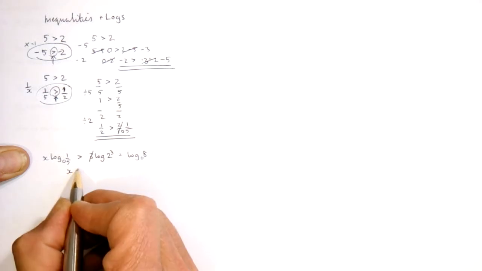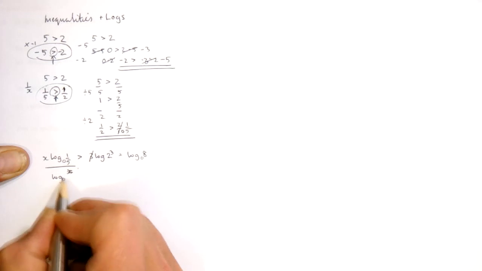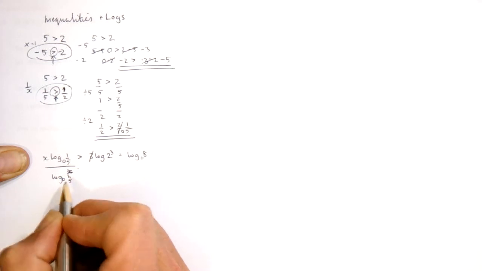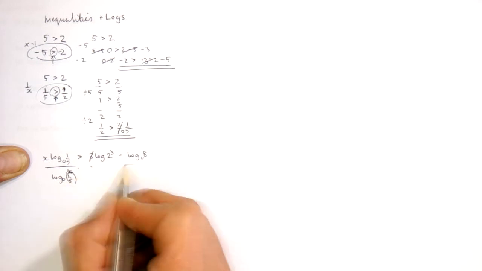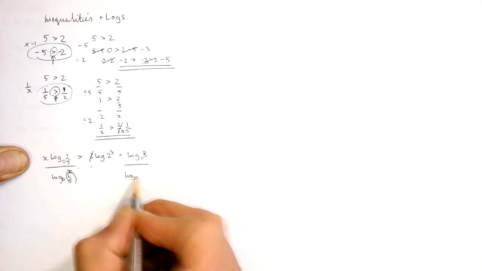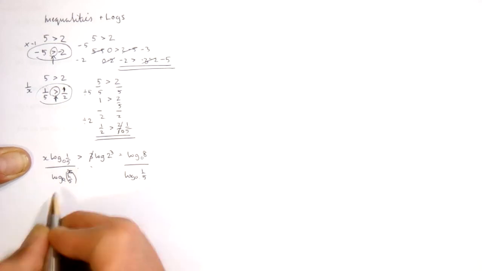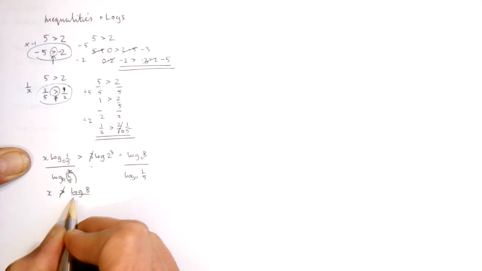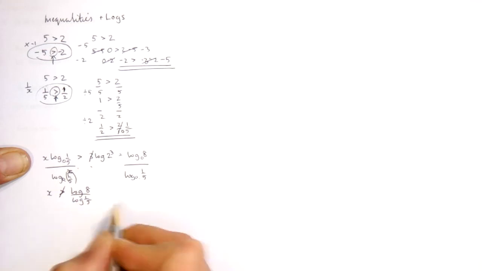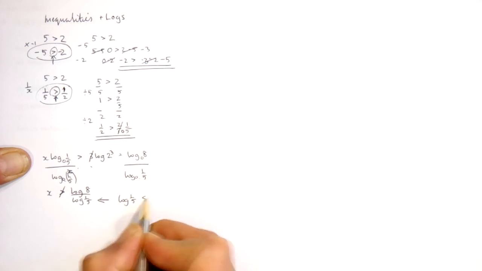Then if we divide both sides by log of any base of a fifth, obviously these bases are the same, then x is not bigger than log 8 over log a fifth, because log of a fifth is less than 0.